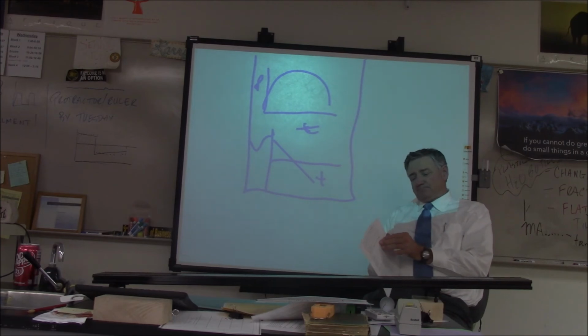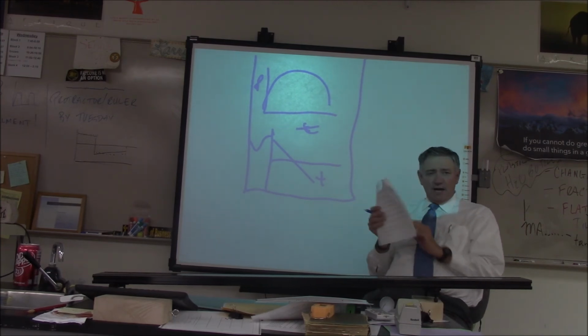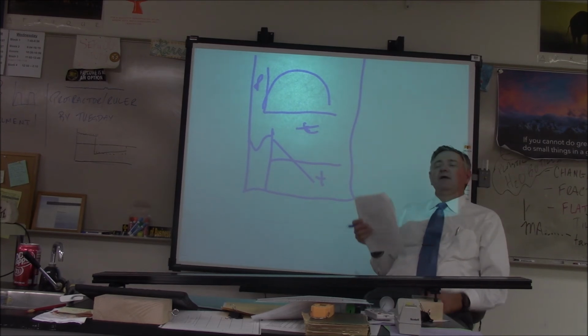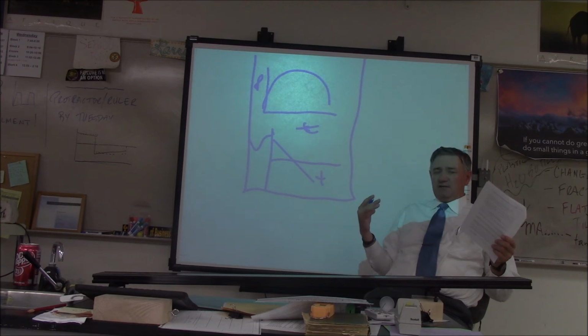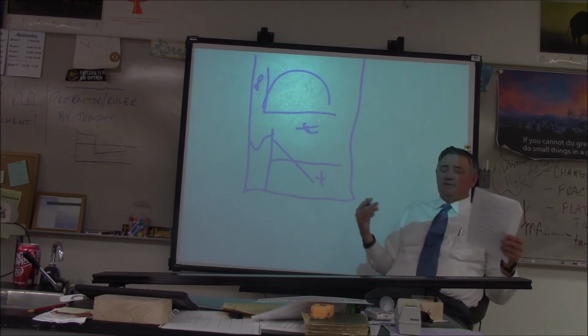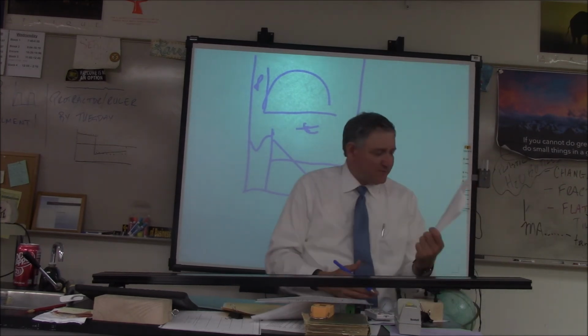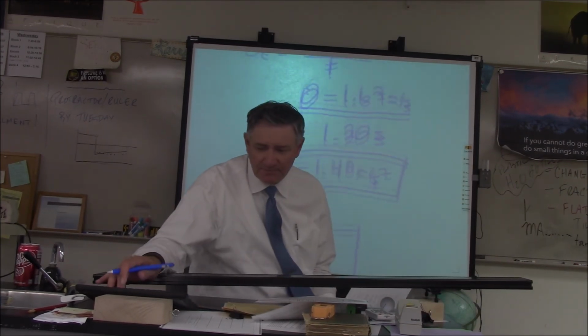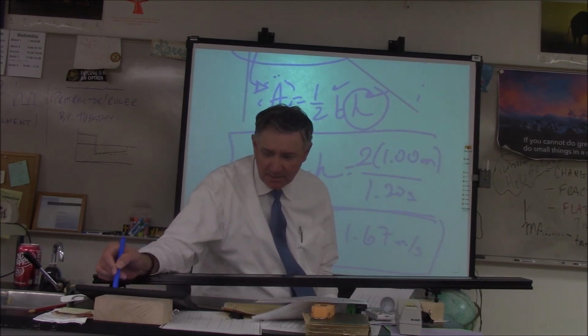Now, when you get over to page 2, the application of the integral triangle, this is where you're going to calculate the initial velocity and the acceleration going up, and the final velocity and the acceleration going down. So, for example, on number 16, this is what I expect to see.